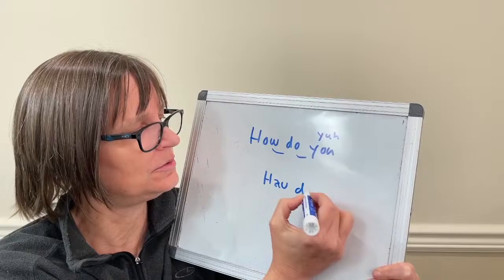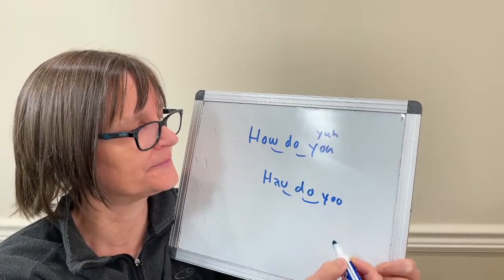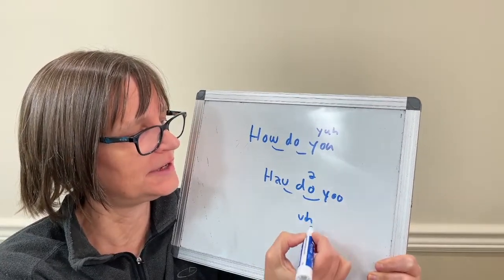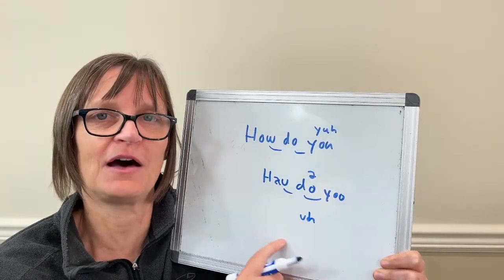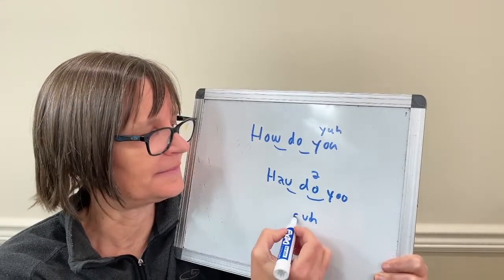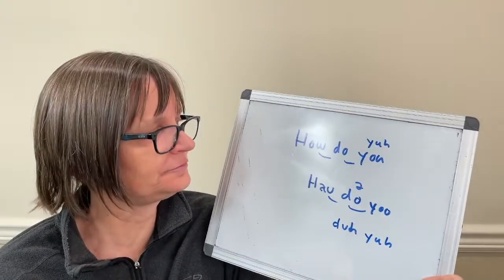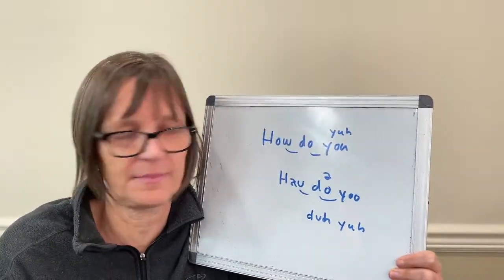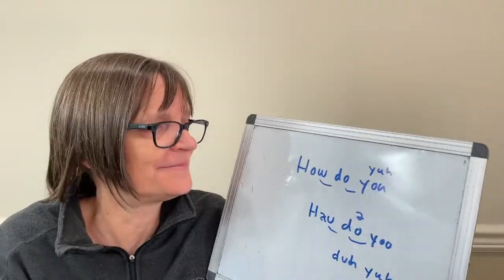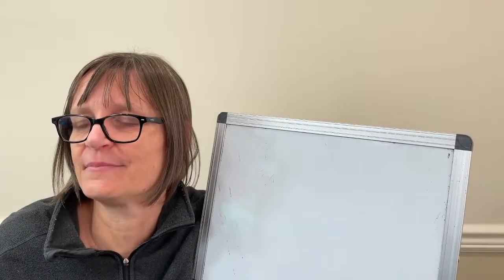How do you? All linked together. We might change this to how do ya? Then I think we would probably change both. How do you say? How do you like it? How do ya? Another option. How do you or how do ya? I think it's pretty common to just link them though and not reduce them too much for that particular phrase.